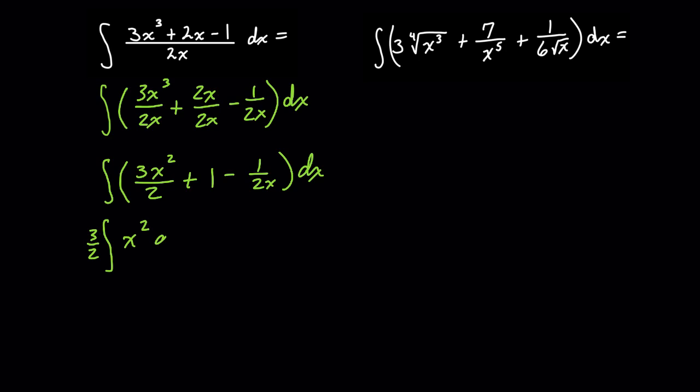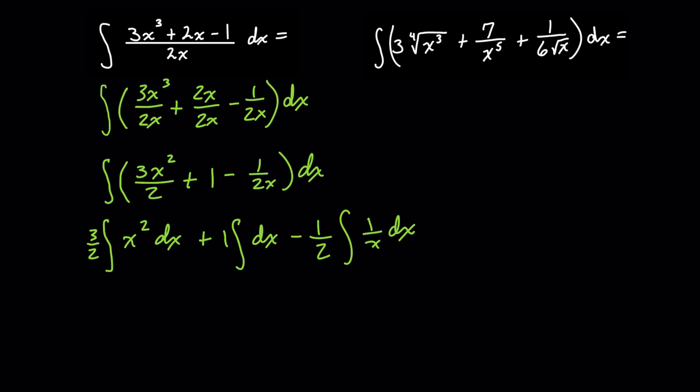This would be x squared dx plus 1 dx minus 1/2 integral 1/x dx, which means this coefficient does not really have a lot of impact on calculating the antiderivative, other than you're going to multiply this coefficient by what you get from the antiderivative of your variable.